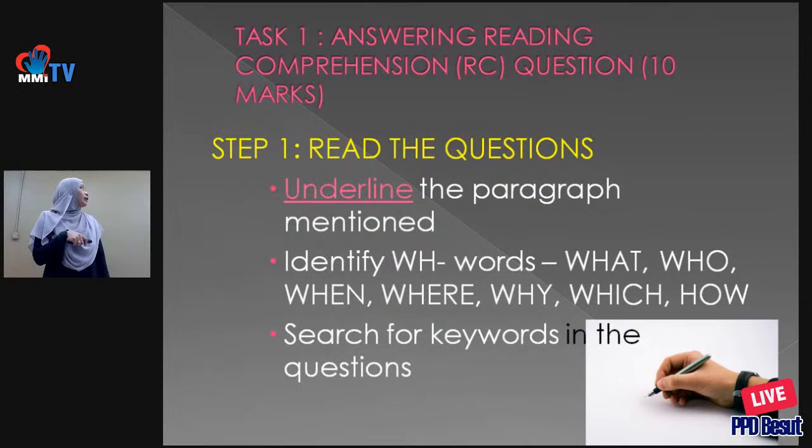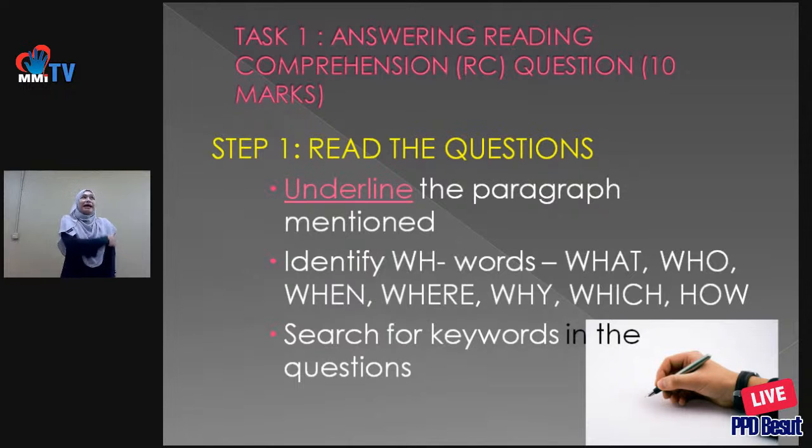When you read the question, you are going to underline the paragraph mentioned. We're going to look at this after this, and then identify the WH words that we have: maybe what, who, when, where, why, which, and how.